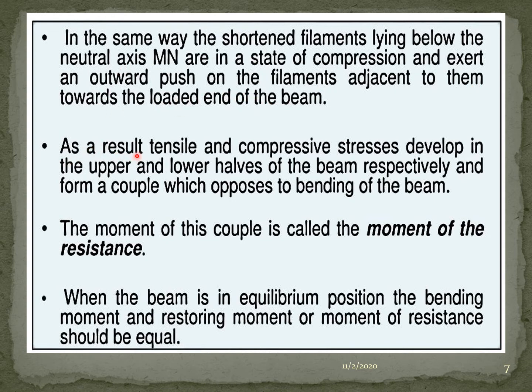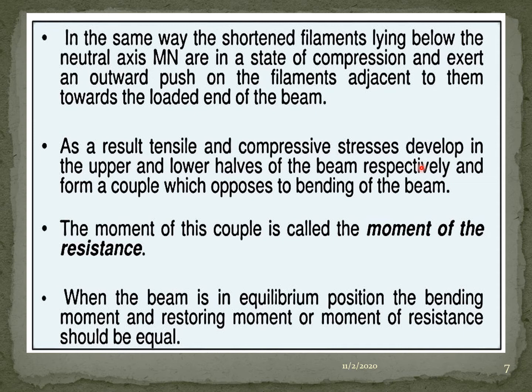As a result, tensile and compressive stresses develop in the upper and lower half of the beam respectively. That is, we know that above the neutral axis the filaments are extended and below the neutral axis the filaments are compressed.